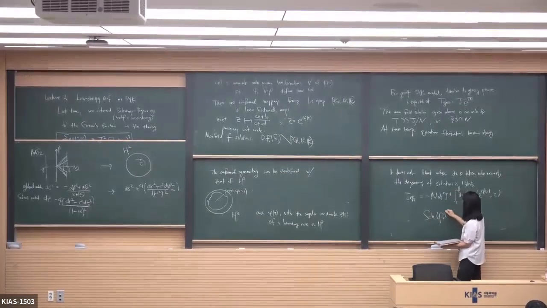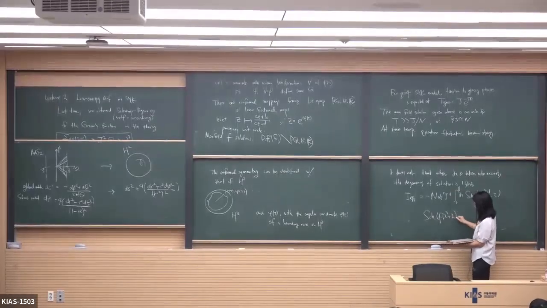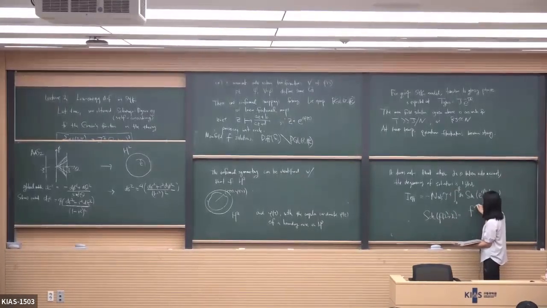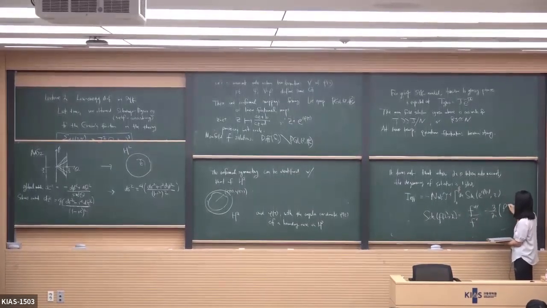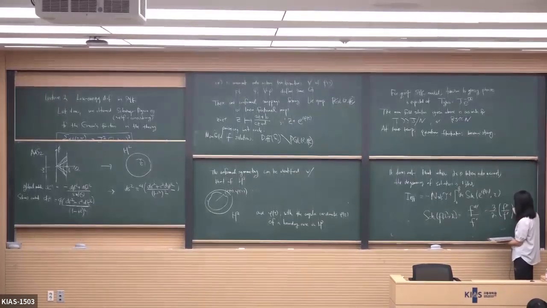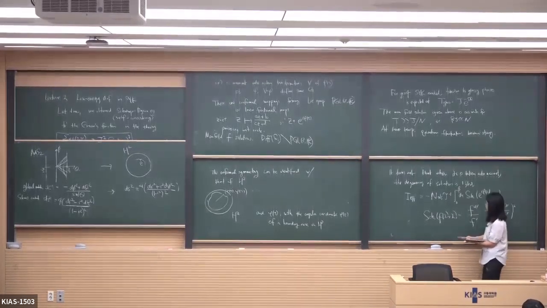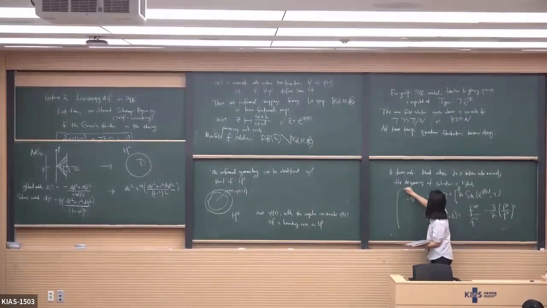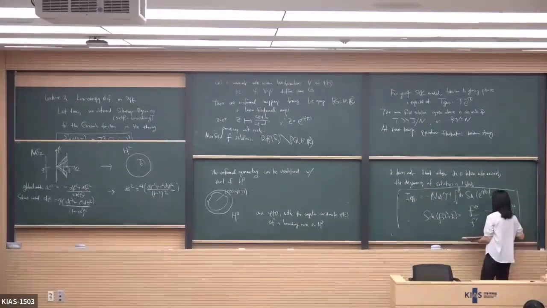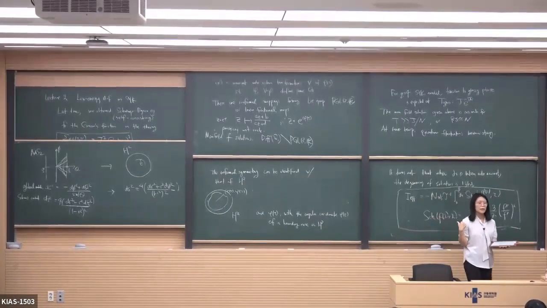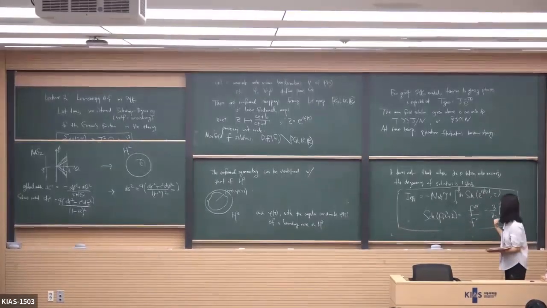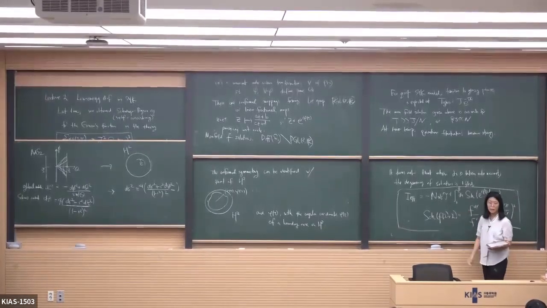The Schwartzian of some function f of x with respect to x is given by third derivative over first derivative minus 3 over 2 f double prime over f prime squared. So this is the effective action for the SYK model at low energies to leading order in beta J.